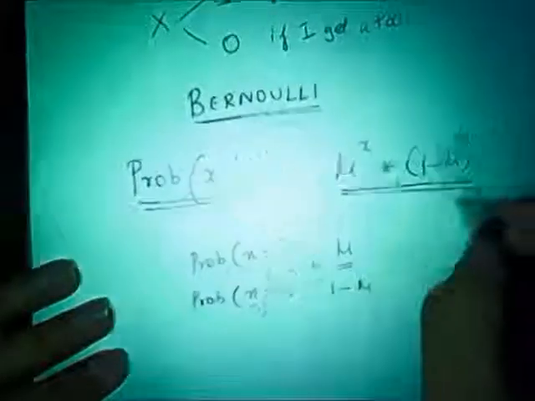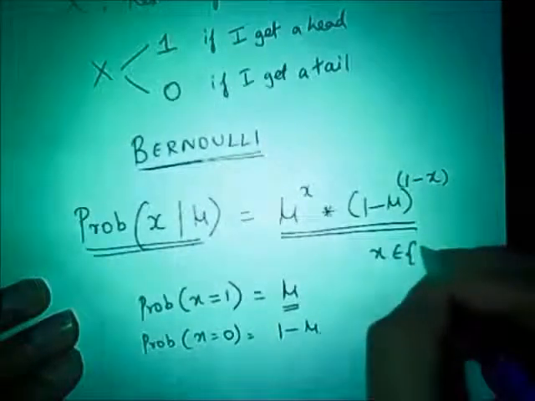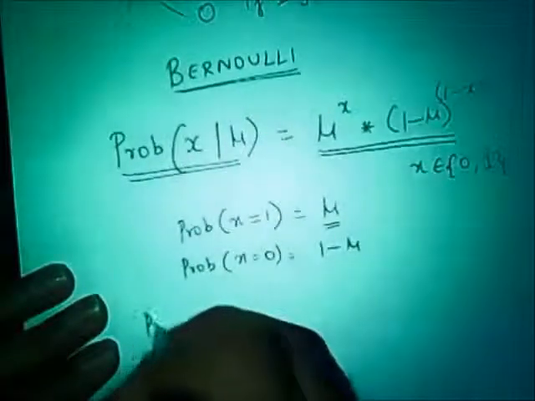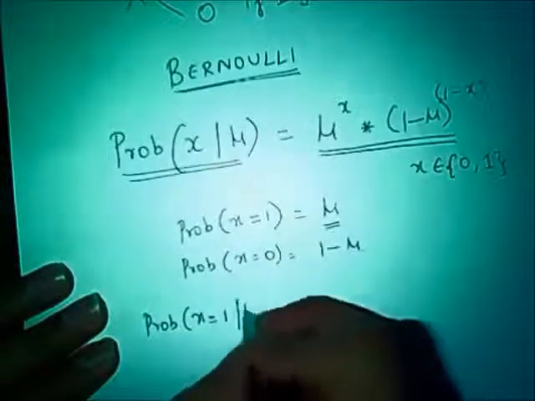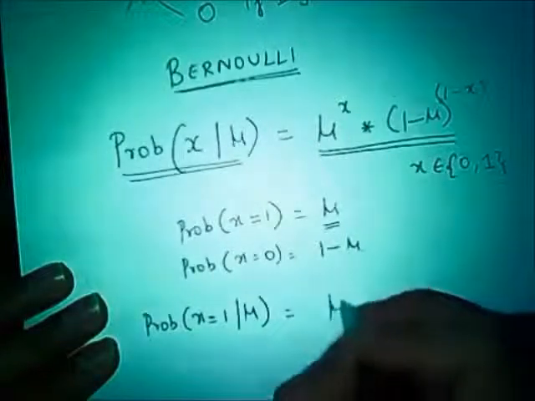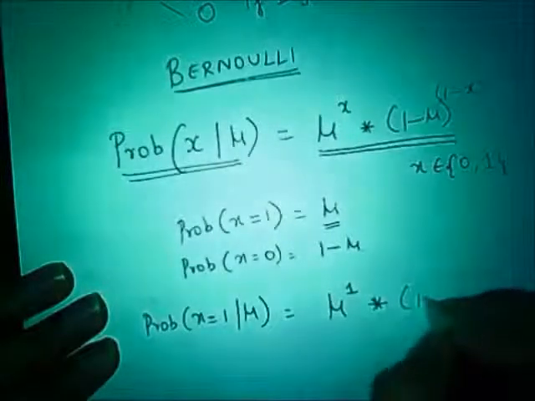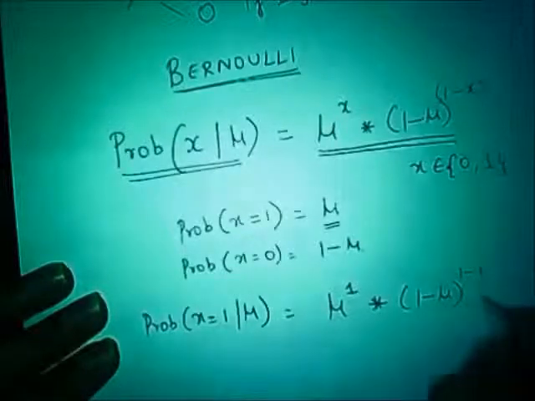So if you look at this, you can see that x can either take the value 0 or 1. So the probability that x equals 1 given mu is mu to the power 1 multiplied by 1 minus mu to the power 1 minus 1, and you can see that this is equal to mu.